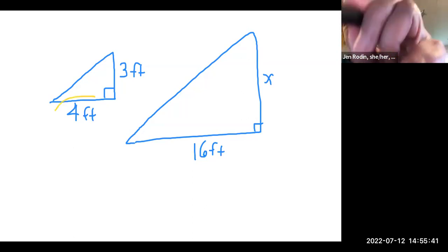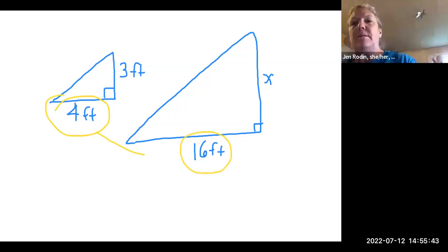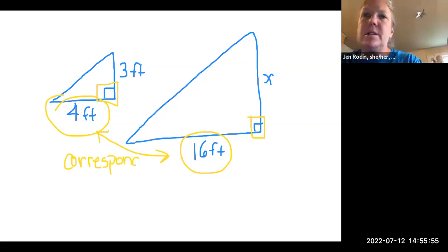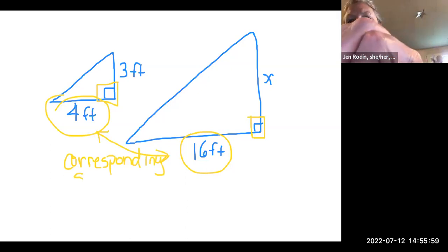So these are called corresponding sides. They're both along the bottom. If the right angle is here, that just means it's a 90-degree angle. So those are called corresponding. And so we line them up together, just like children to children in that other one, corresponding sides.